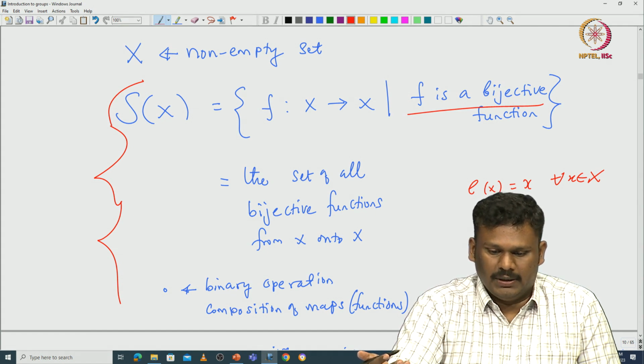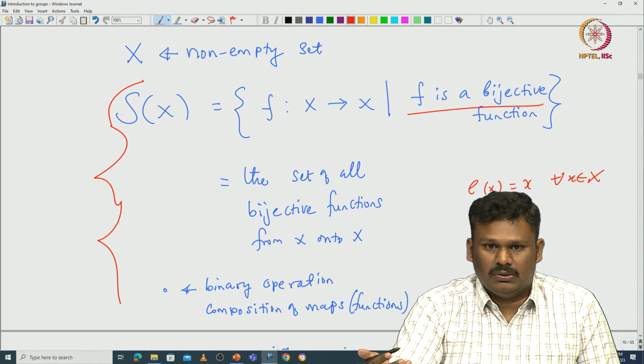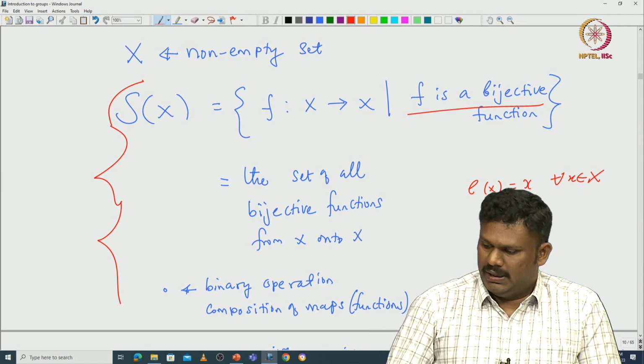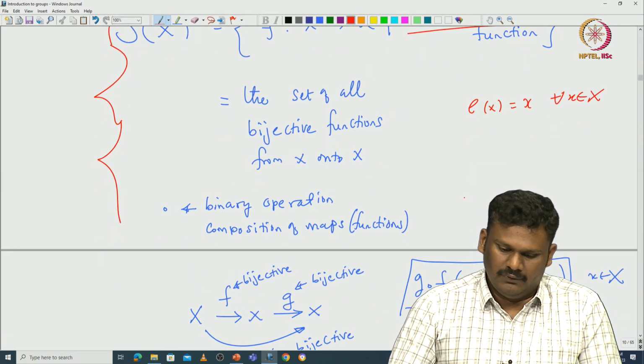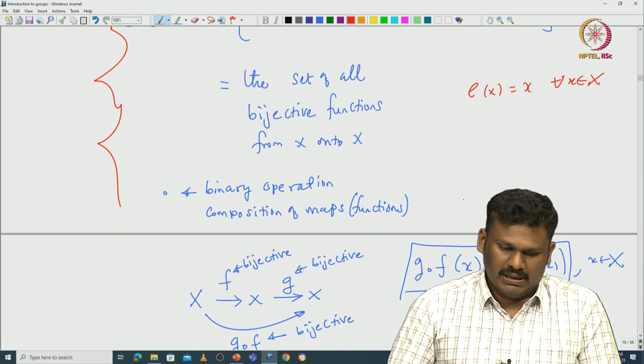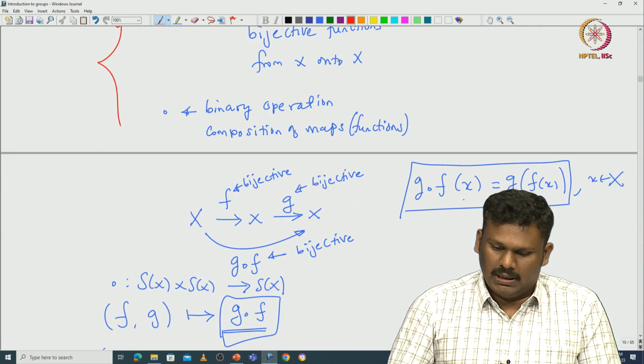So, in particular S of x with respect to composition of maps will form a group. Like I said, S of x is non-abelian whenever x has at least 3 elements.